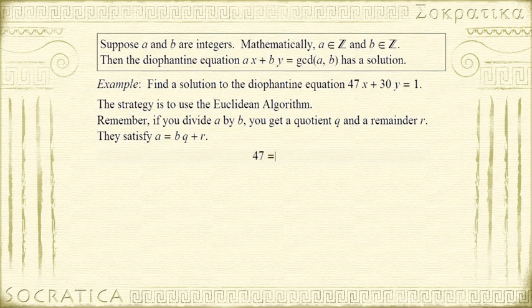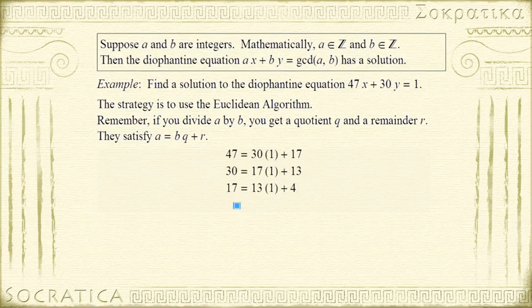So if we divide 47 by 30, we get a quotient of 1 and a remainder of 17. So the next step, we take 30 and divide it by the previous remainder, 17. We get a quotient of 1 and a remainder of 13. The next step, we divide 17 by 13. We get a quotient of 1 and a remainder of 4.